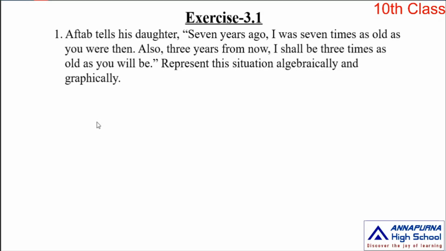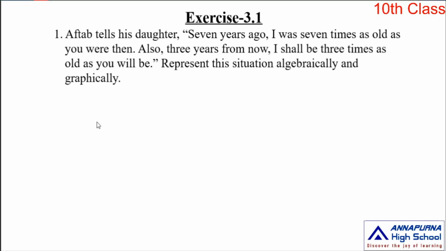Observe carefully. Aftab tells his daughter, 7 years ago, I was 7 times as old as you. Also, 3 years from now, I shall be 3 times as old as you. Now represent the situation algebraically and graphically.